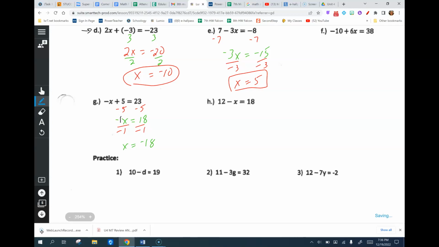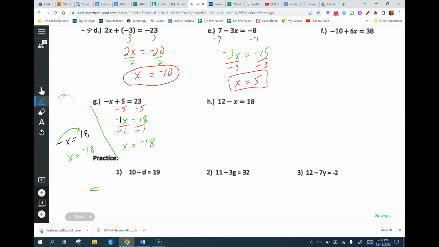Now, the other way I do it is when I have negative x is equal to 18. You have to be careful because this can be a bad habit. What I do is I know that that negative comes over to this side. So that means that I get x is equal to negative 18.